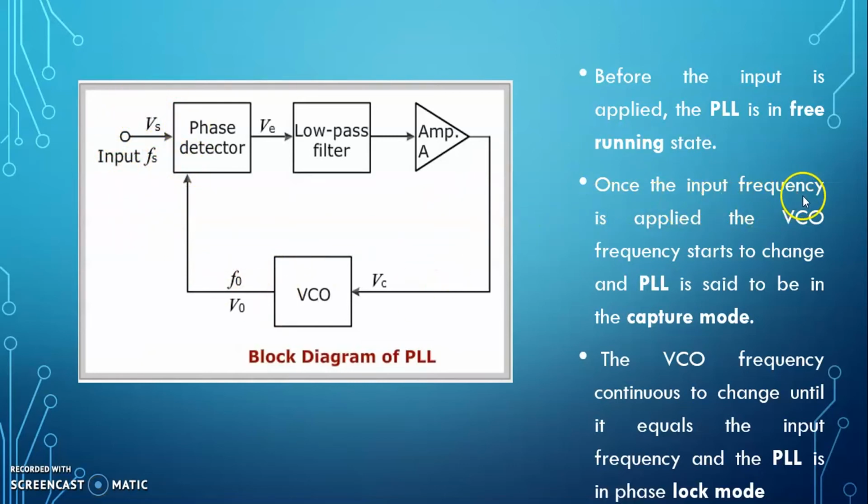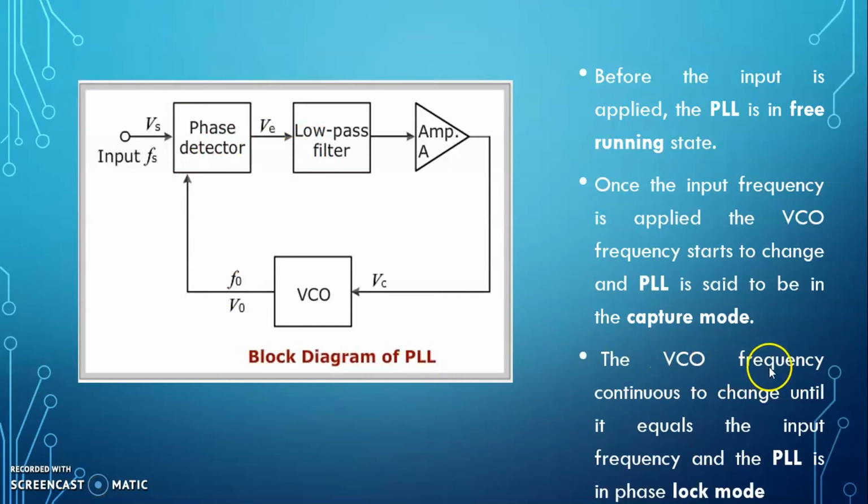Once the input frequency is applied, the voltage controlled oscillator frequency starts to change, and the PLL is said to be in capture mode. In such a condition, the PLL works in the capture mode.